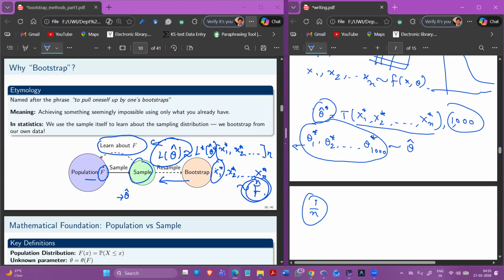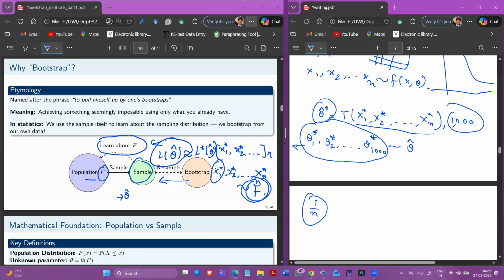So what is the probability of one observation occurring if we are taking n samples with replacement? That will be 1 upon n, right? Because every single time there is a chance of the same sample observation occurring. So that's why it is 1 upon n.